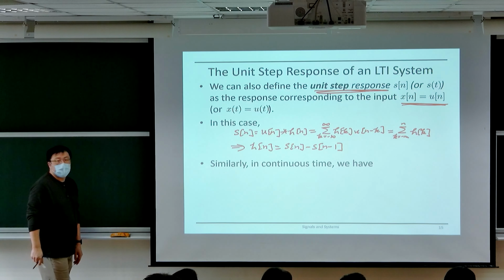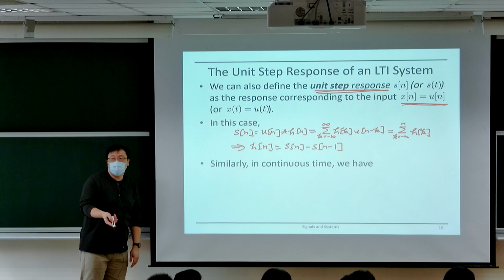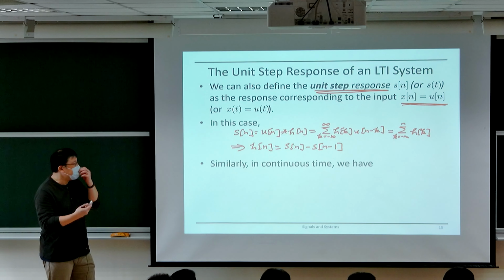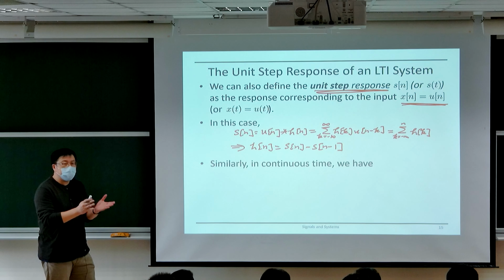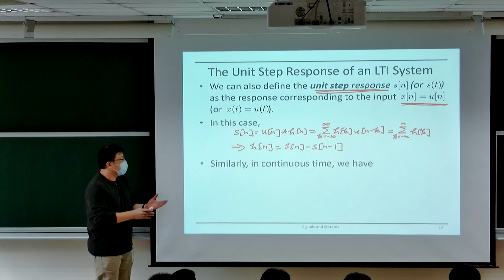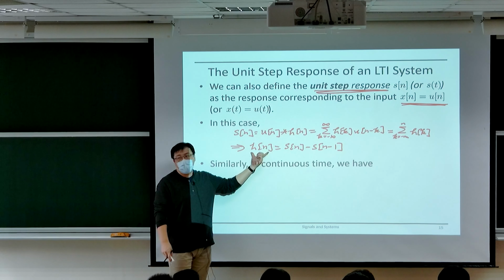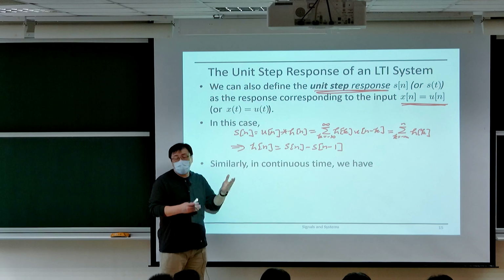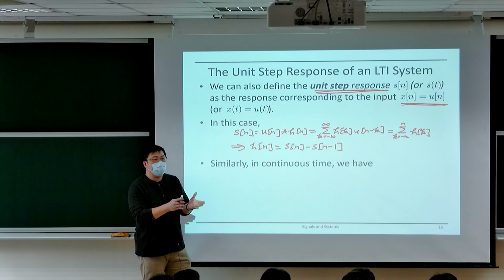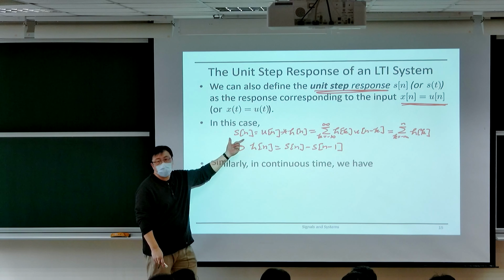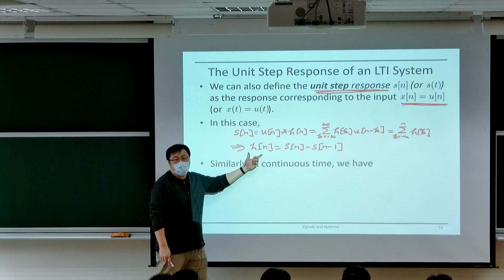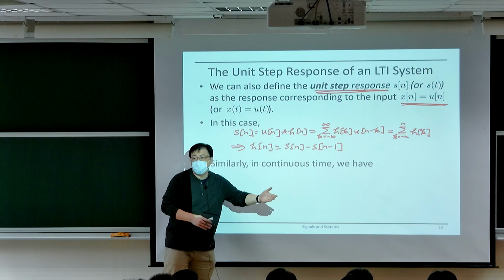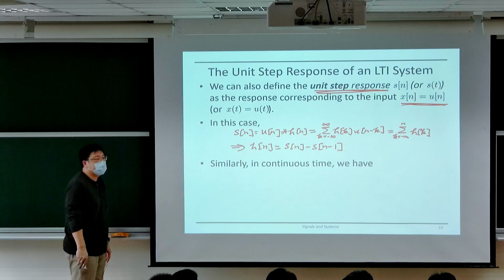This is saying that if a linear time-invariant system can be completely characterized by h, then you can also completely characterize the system with S. Because given S, you will be able to compute h, and then that will help you characterize the system.